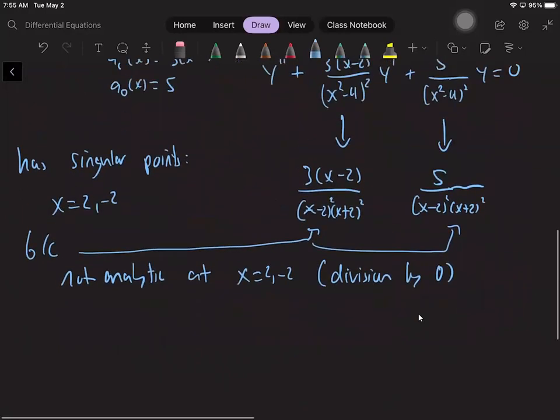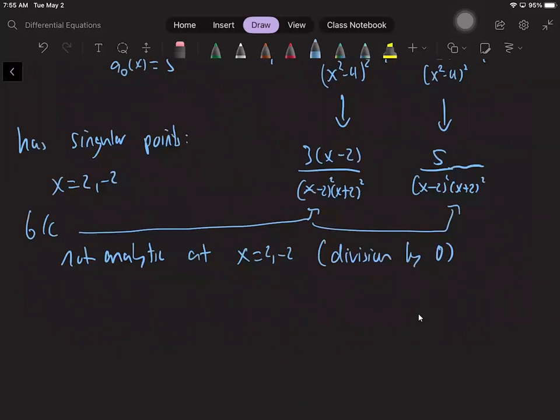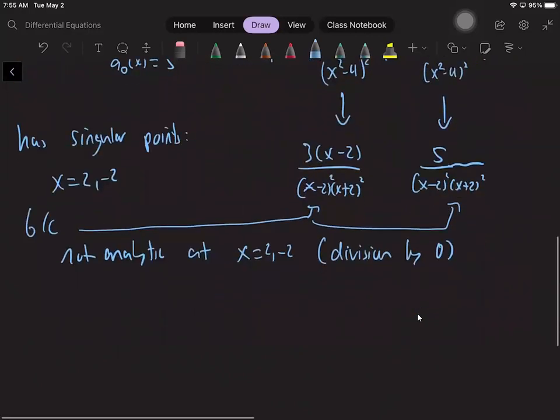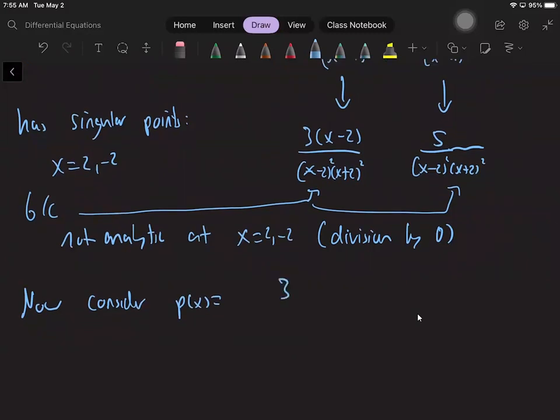So which ones are regular? And which one is irregular? So now I look at, I'll call this one p of x. I look at this function, the one that was in front of y prime, and I multiply it by, so let's do x naught equals 2 first.